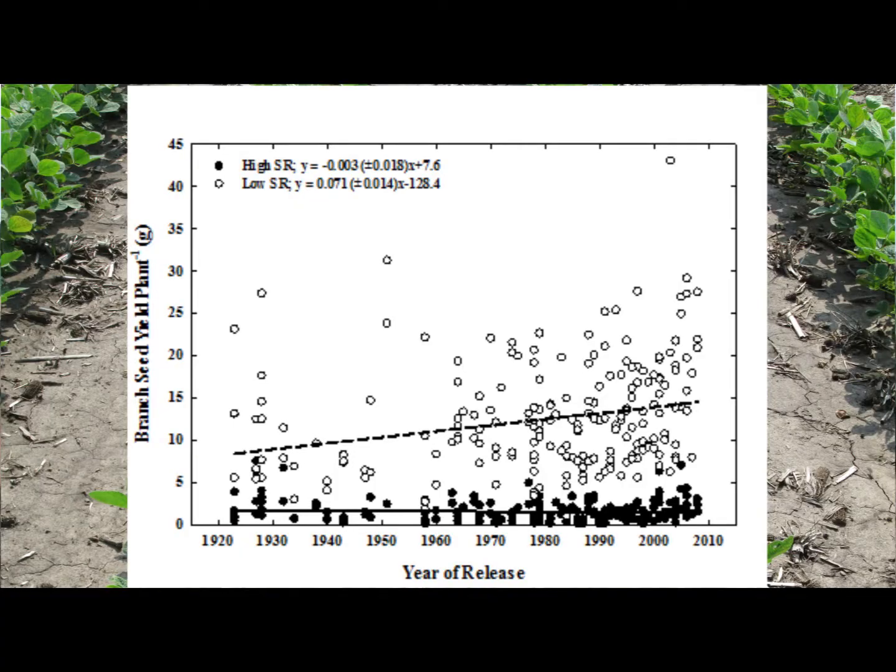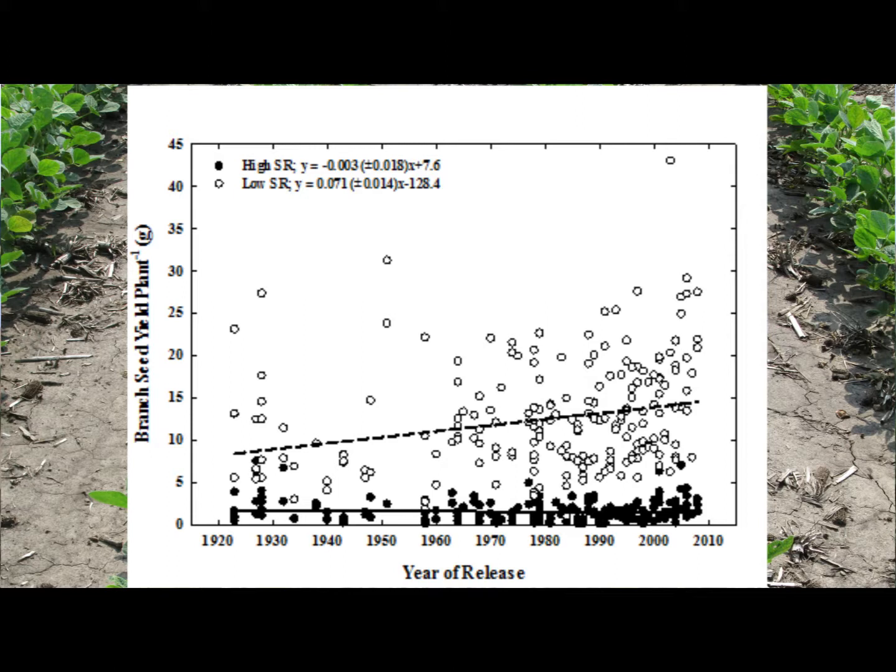When we look at the branches, again, the high seeding rate environment is the dark circles down here at the bottom, completely flat. There's been no improvement over time under a higher seeding rate at producing more yield on branches.